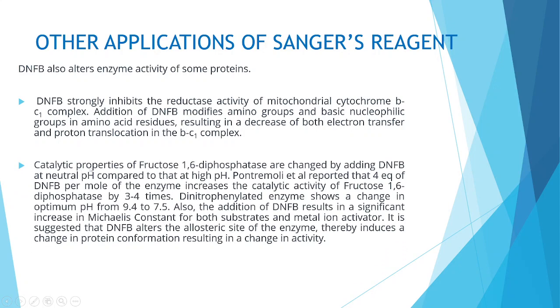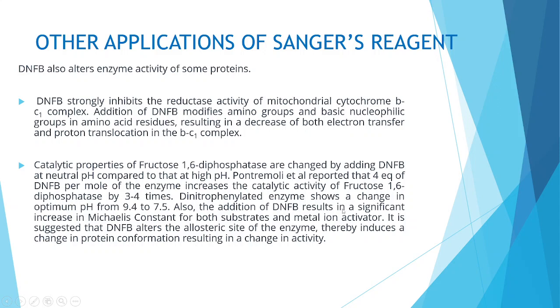Then the catalytic properties of fructose 1,6-diphosphatase are also altered by adding the reagent at neutral pH compared to that at high pH, and it was shown by scientists that 4 equivalents of reagent per mole of enzyme increase the catalytic activity of fructose 1,6-diphosphatase by 3-4 times.